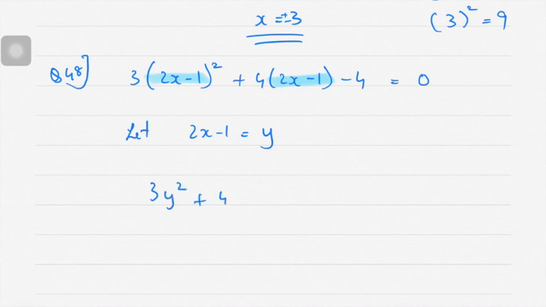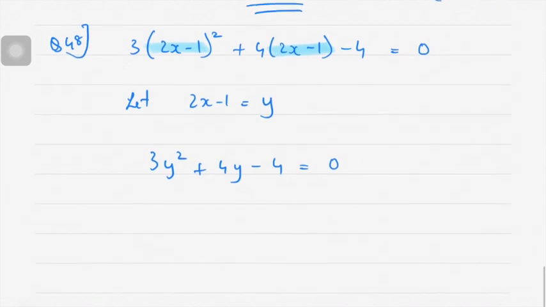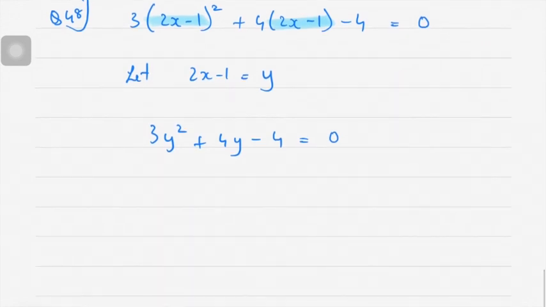Okay. And now I'll write the equation again. So 3y square plus 4y minus 4 is equal to 0. Now it has become easier to solve. Correct? So 3 into minus 4.